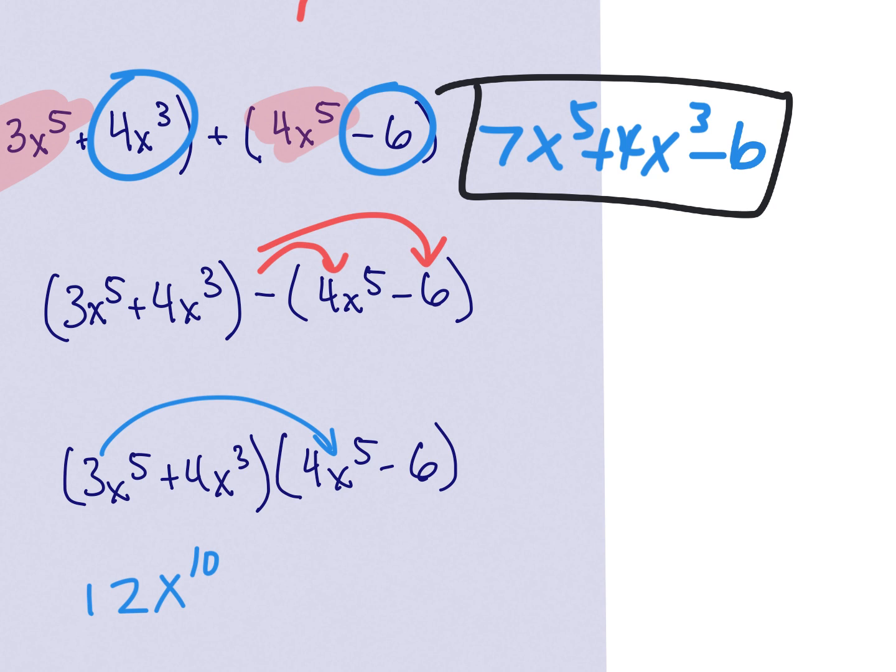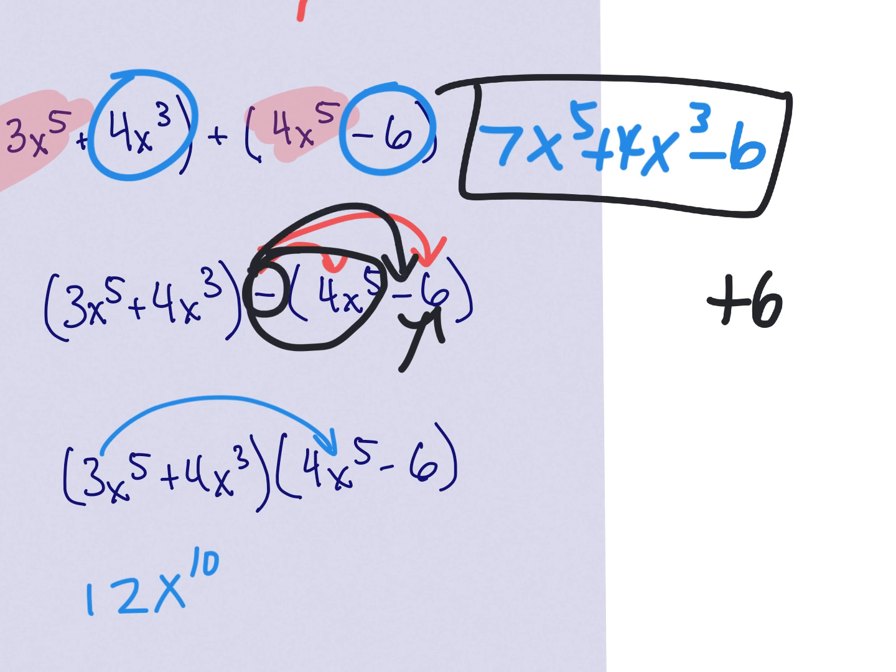Next one. That's negative 4x to the 5th, and that's positive 6. Before I forget, I'm just going to put a positive 6 at the end, because that's the most common mistake: kids write negative 6, because they just forget to distribute this negative, and two negatives multiplied make a positive, because this is like a negative 1 being multiplied in, just to make sure you get that. It's like a negative 1 right there, times the negative 6 makes it positive 6.